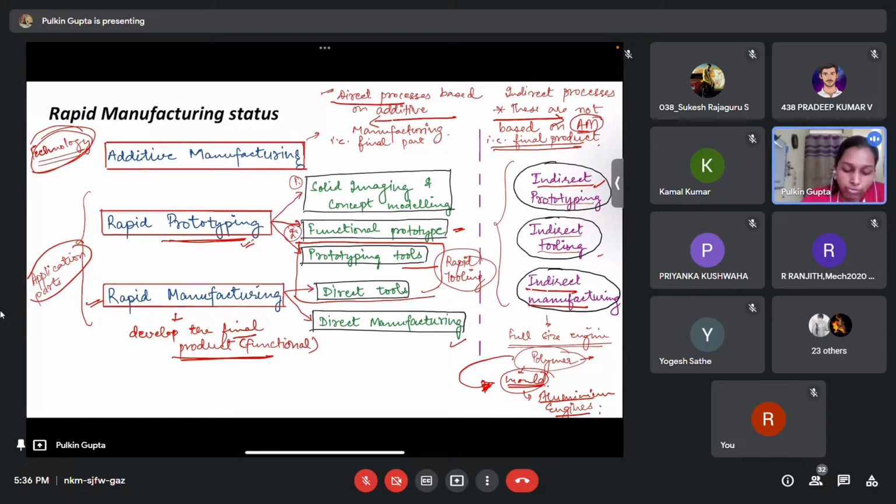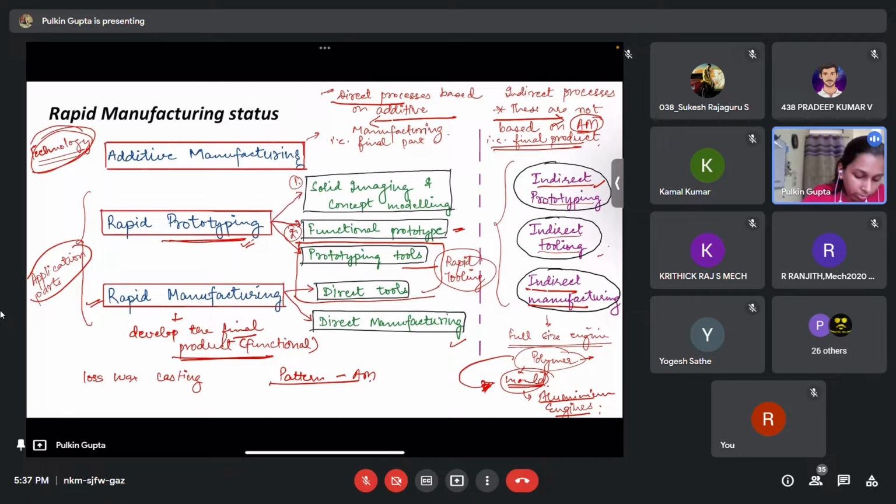Similarly, we have indirect tooling. So for indirect tooling, for lost wax casting patterns, where the wax is ultimately lost, what is done is the pattern is made using AM. Then you develop a mold out of it.